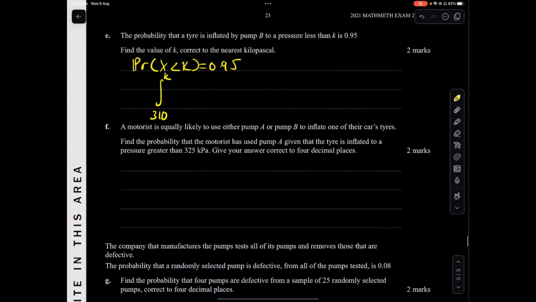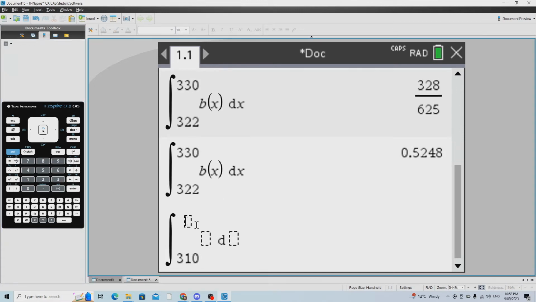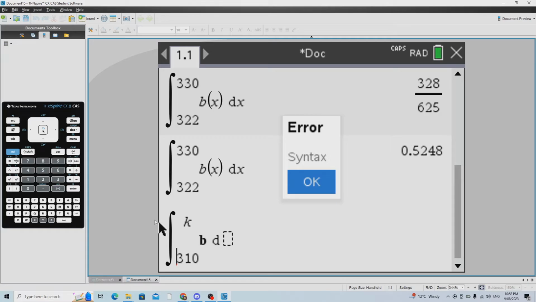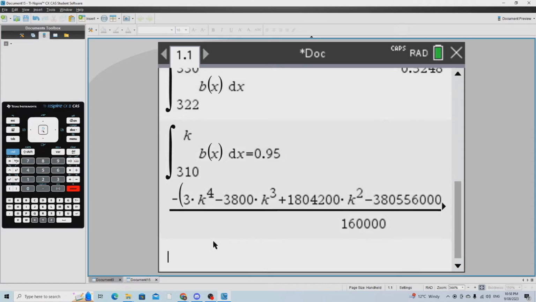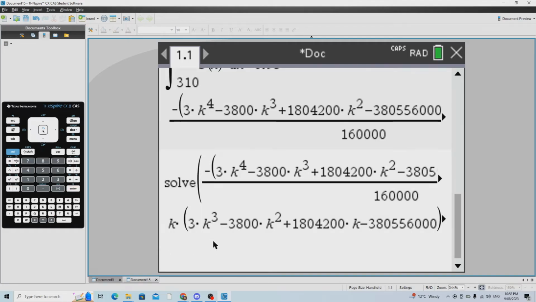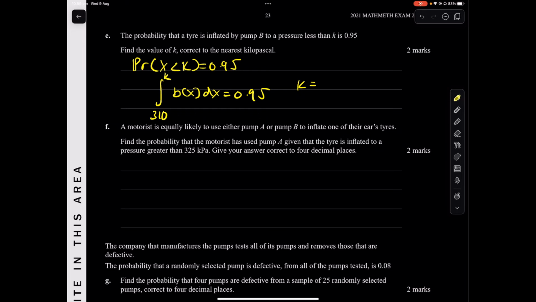So we solve for K and we get K is 328, or another value, but this is your answer because the max we can go is 330, and so our domain is up to 330. So it can only be this one. So K is equal to, to the nearest pascal, 328.